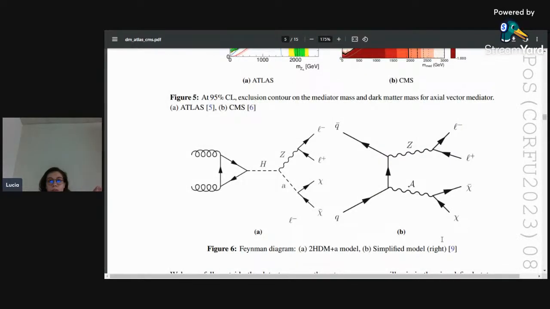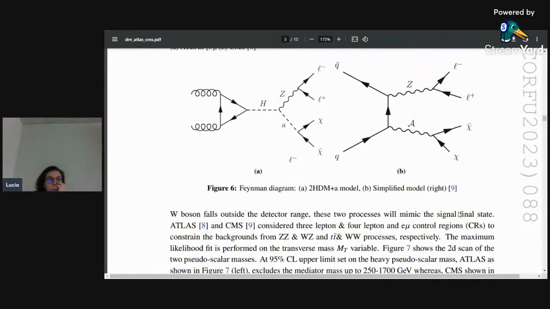So they are searching for the A, the mediator, but if I find the mass of the mediator, I will have some... They're basically constraining the plane: in this model, we already excluded this region of mass. So if you want to propose a dark matter using this model, you have to use another region of mass.